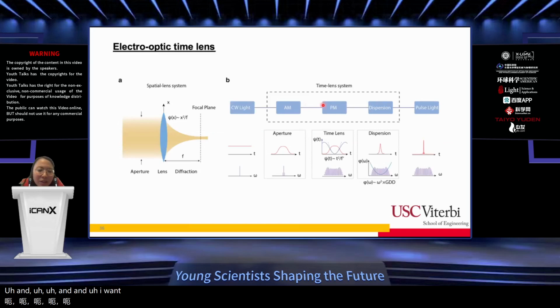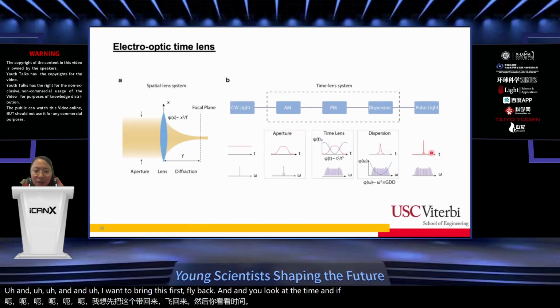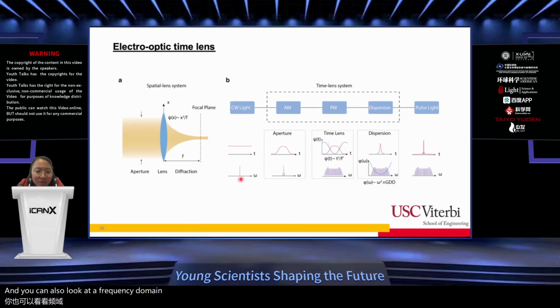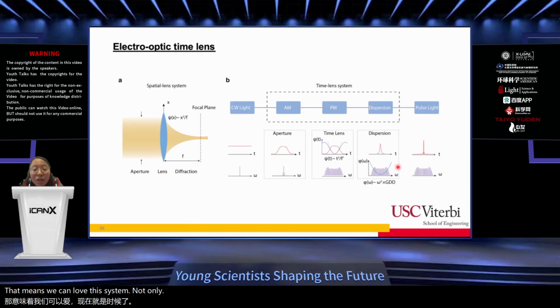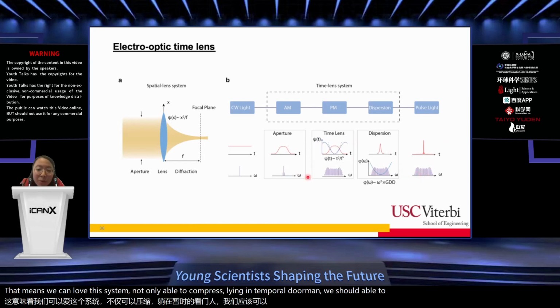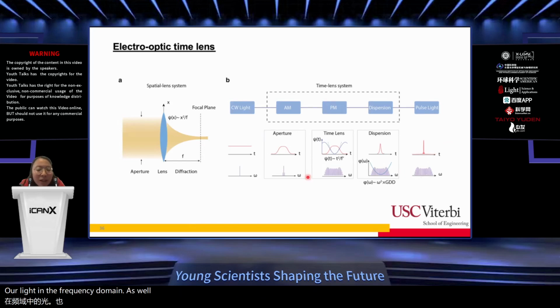I want to bring this first slide back, and if you look at the time domain, and you also look at the frequency domain, you can see there's a very nice swap between the frequency behavior and the time behavior here. That means this system is not only able to compress light in the temporal domain, we should be able to compress light in the frequency domain as well, if you do the reverse process.